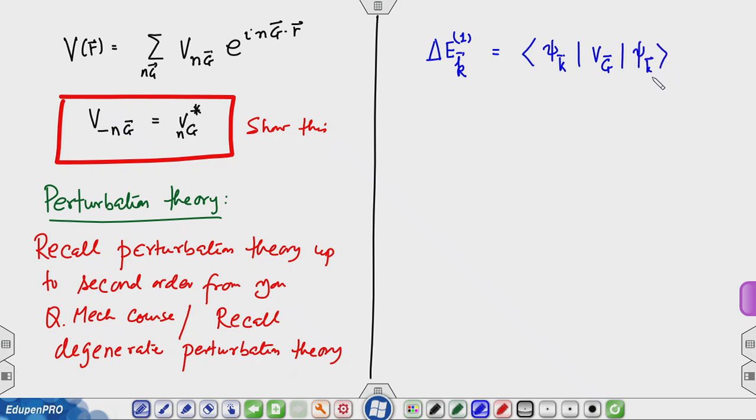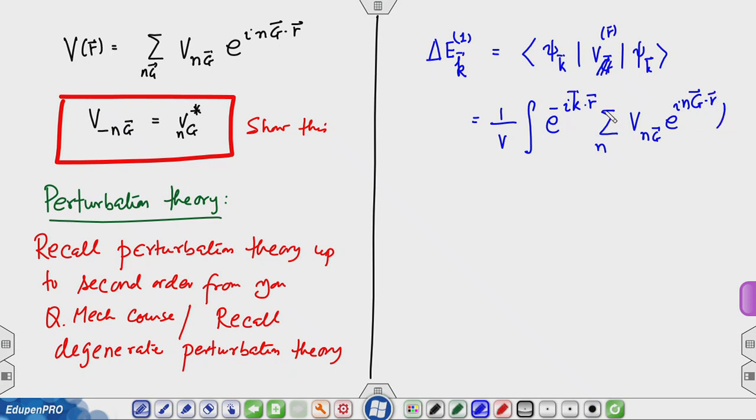I am applying periodic boundary conditions over volume V. So, this can be written as 1 over V, integration of e raised to minus i k dot r, summation, now this is V, sorry, V n g, summed over n, e raised to i n g r, e raised to i k dot r, dr.